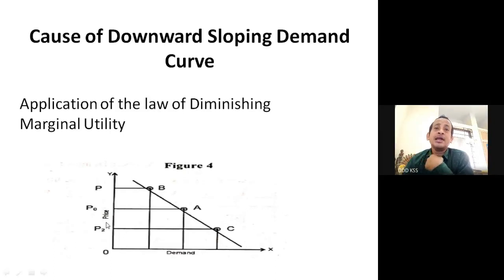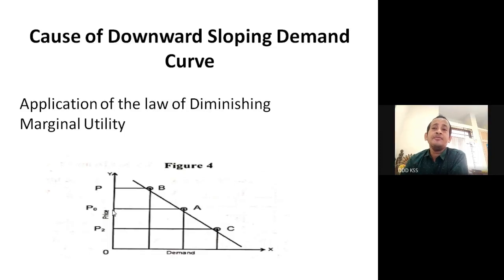Now in the graph you can see that the y-axis represents the price and the x-axis represents the demand. On the y-axis, the prices have points P0 and P2. P0 is the price.